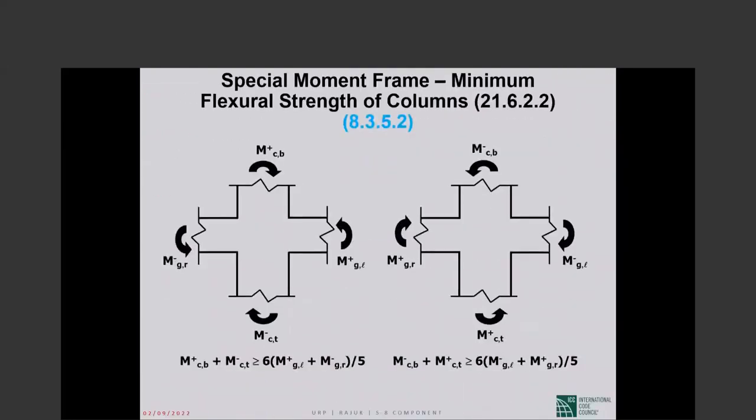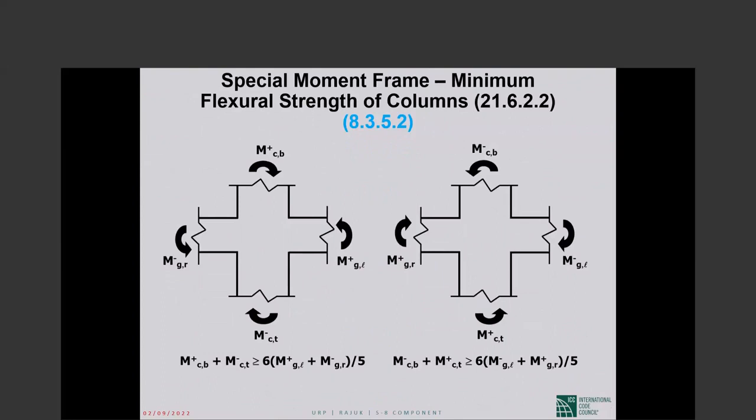Strong column, weak beam requirement. It came up in discussion yesterday when there was a question about a tube. This is an extremely important requirement that has been with us since San Fernando; 73 UBC is when this was introduced.